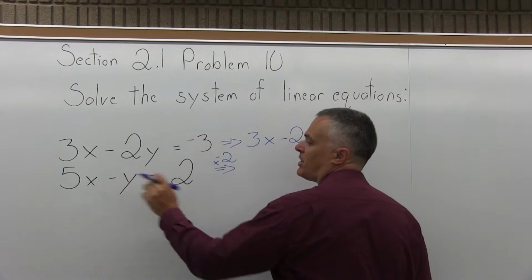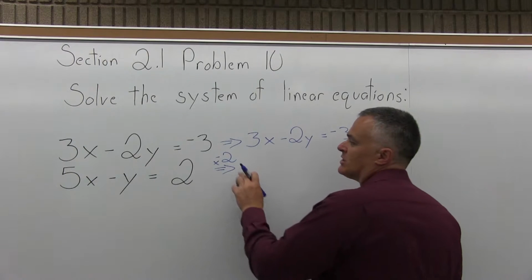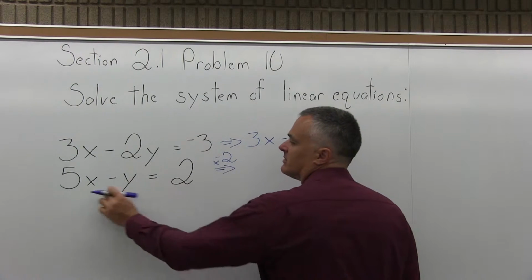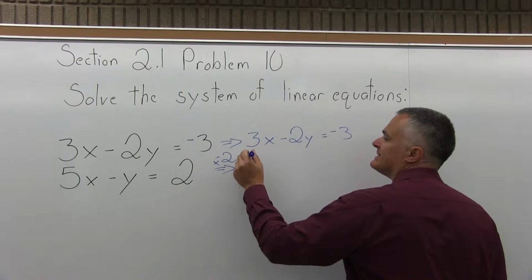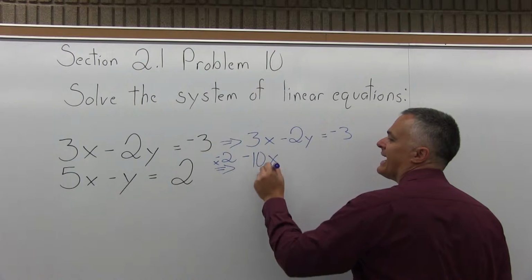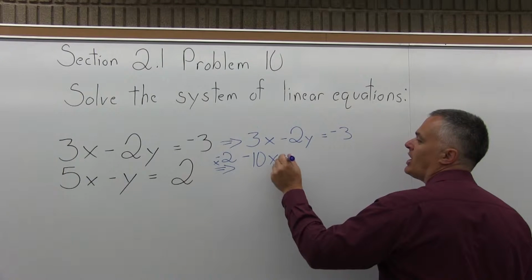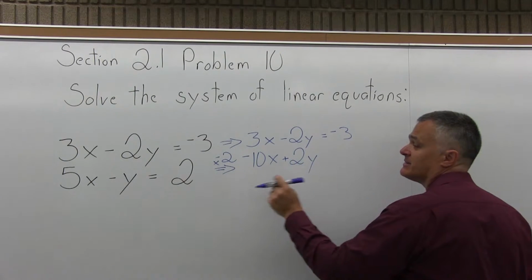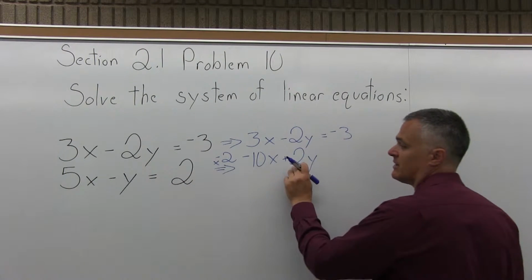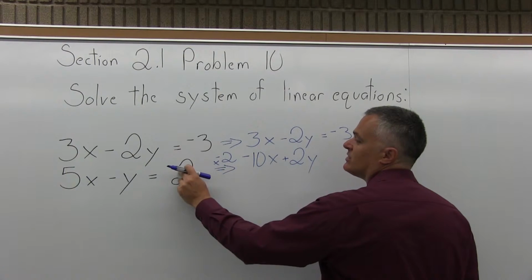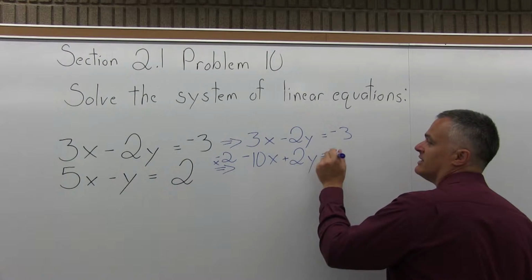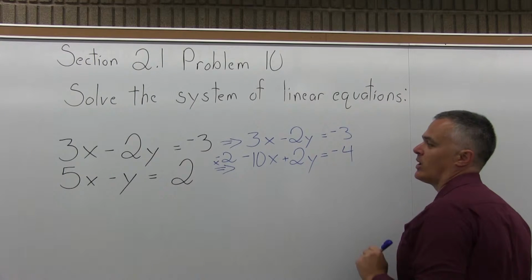So everything will be times negative 2. Negative 2 times 5x is negative 10x. Negative 2 times negative y is positive 2y, the negative times the negative cancels. And negative 2 times positive 2 on the right side of the equals makes negative 4.